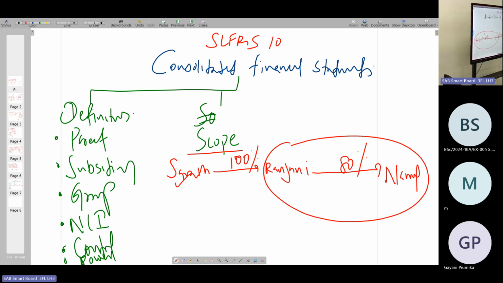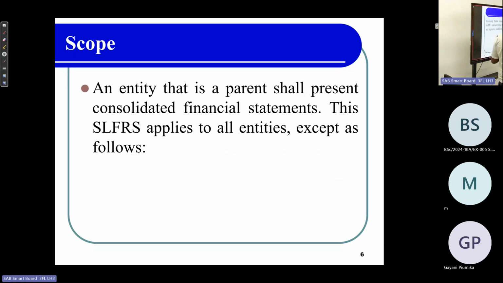A fully owned subsidiary of Sarat, or make it 80%, a partially owned subsidiary. A parent entity shall present consolidated financial statements.